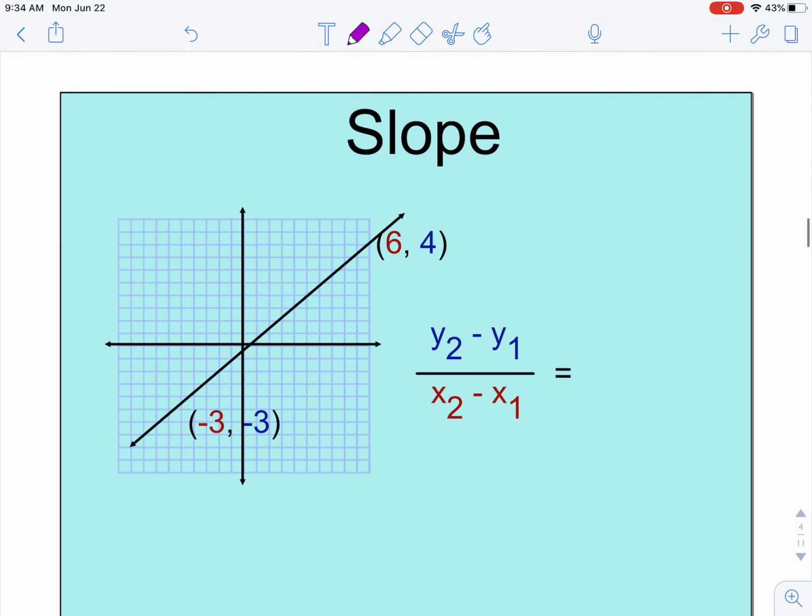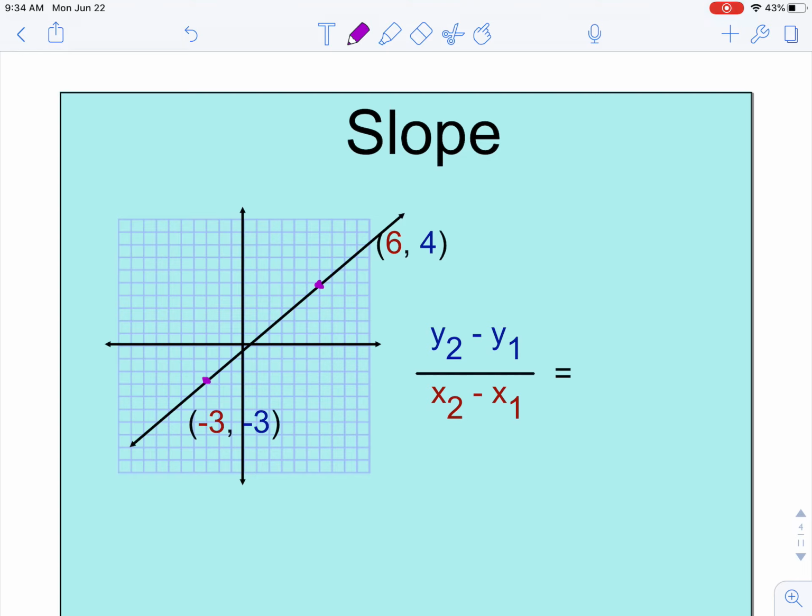So again, rise over run. If you have 2 points listed, you can just use those ordered pairs as points on your graph. Like here's -3, -3, and here is 6, 4. You can count your slope, rise over run, but if you have decimals in your ordered pairs, that's going to be difficult.